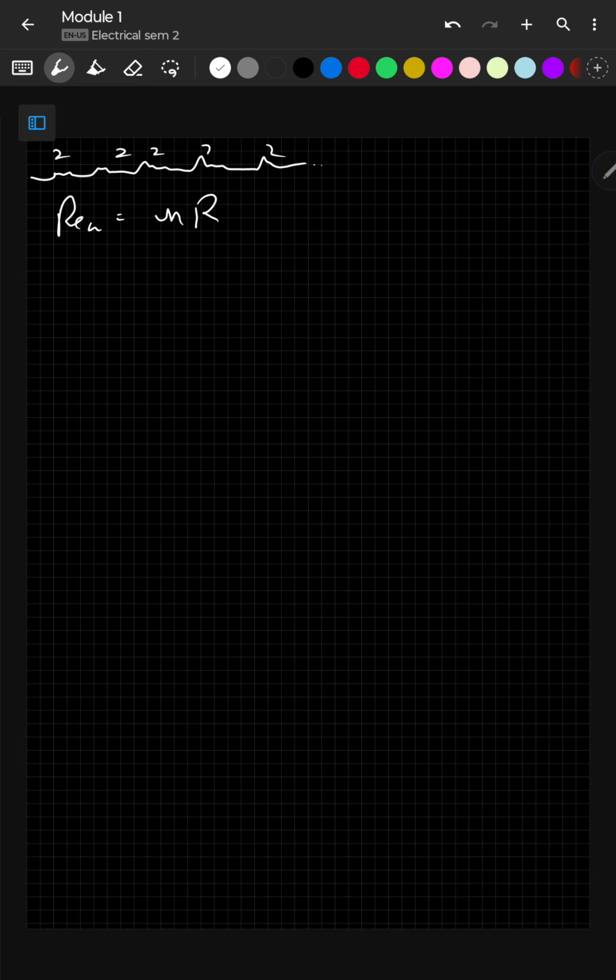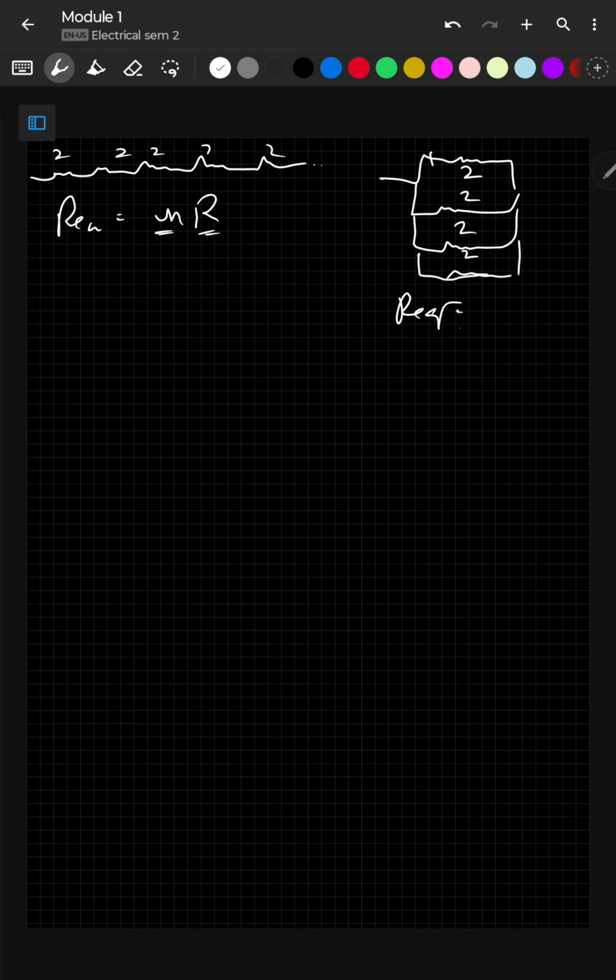N is the number of resistors, R is the value. For n identical resistors in parallel, say 2 ohm, 2 ohm, 2 ohm, then what is the equivalent resistance here? It will be R by N.